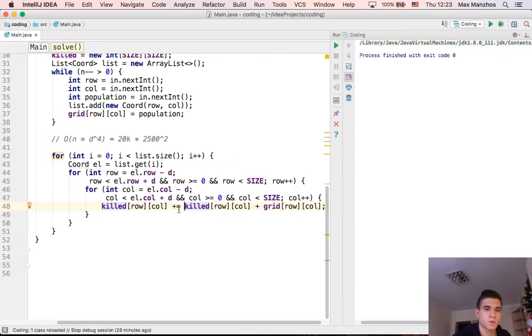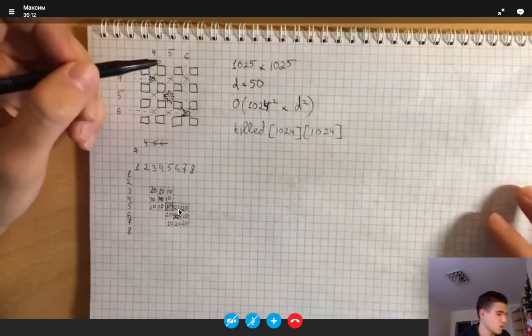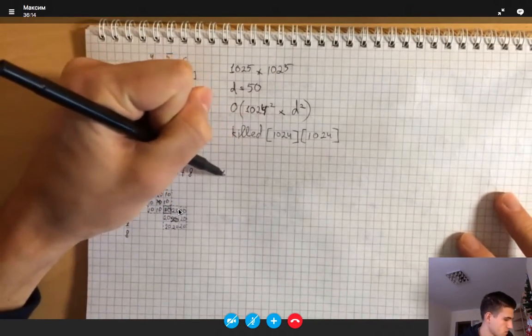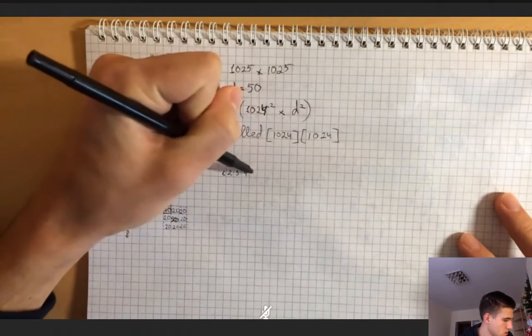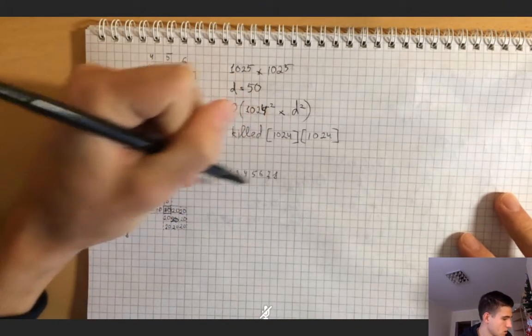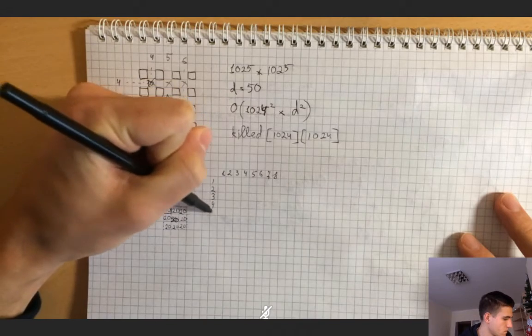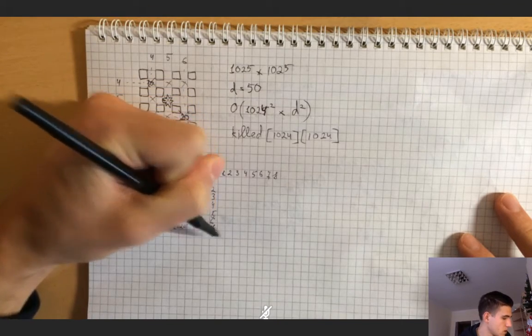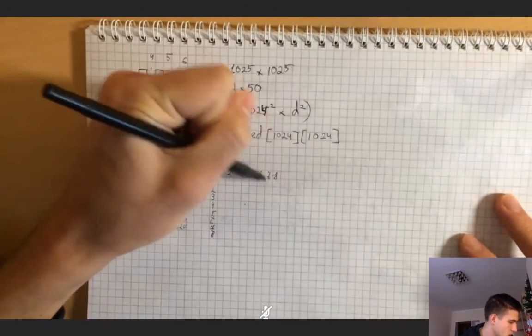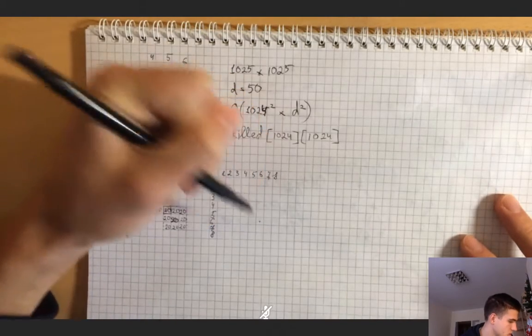Let's check how it will work. Let's create another grid. 6, 7, 8. 1, 2, 3, 4, 5, 6, 7, 8. We know we're interested in those cells, 6, 6, 5, 5.